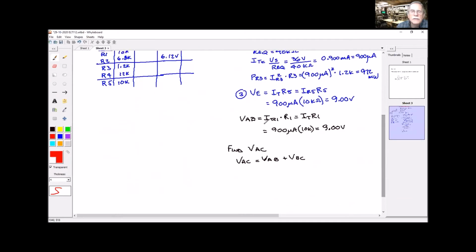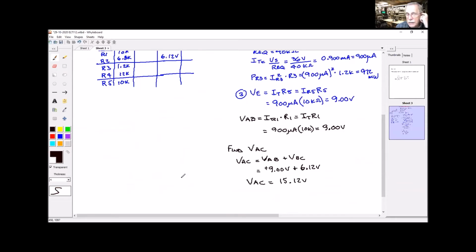So we would write this as plus 9 volts plus, what was it, 6.12 volts? So VAC works out to be 15.12 volts.